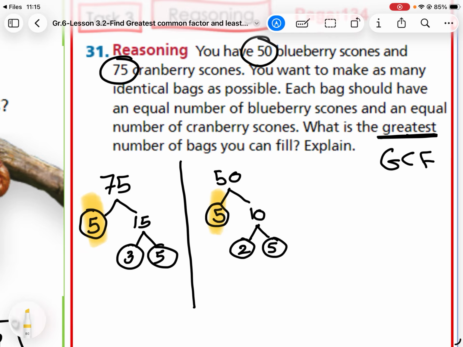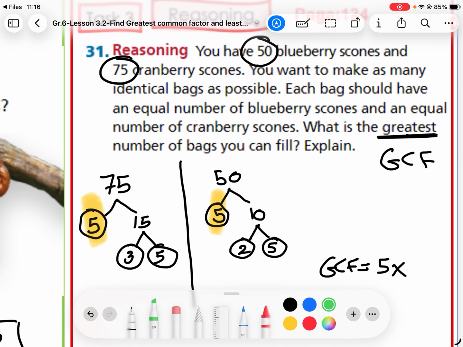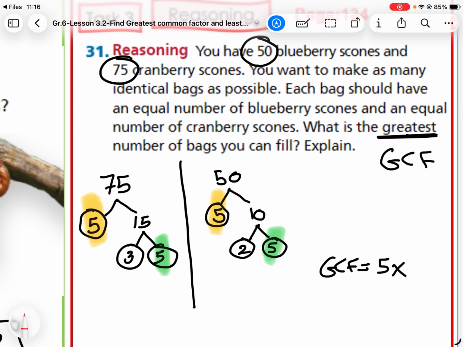Okay, that's my first factor. So my GCF will be 5 times, let's see if I have another 5. Let's see, I have a 3 and I have 2. They're not matching. I have 5 and I have another 5. So, yep, that's it, guys. My GCF is 5 times 5.